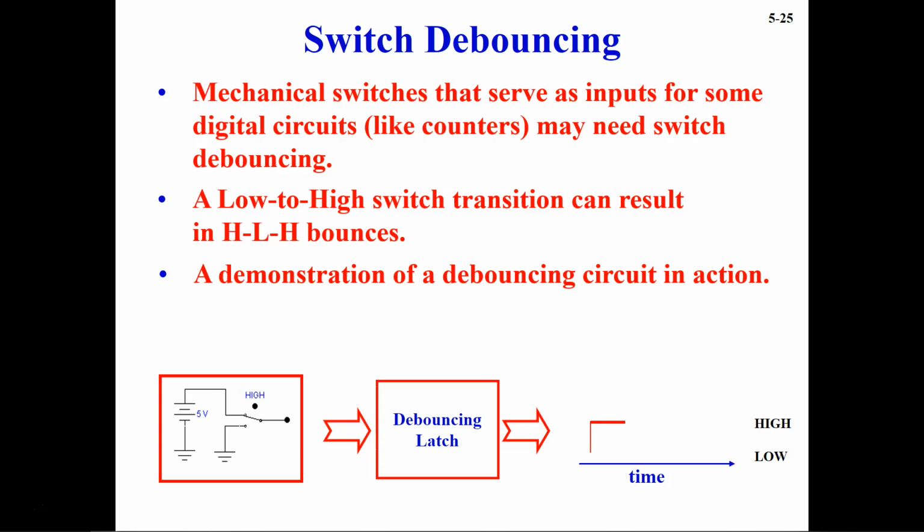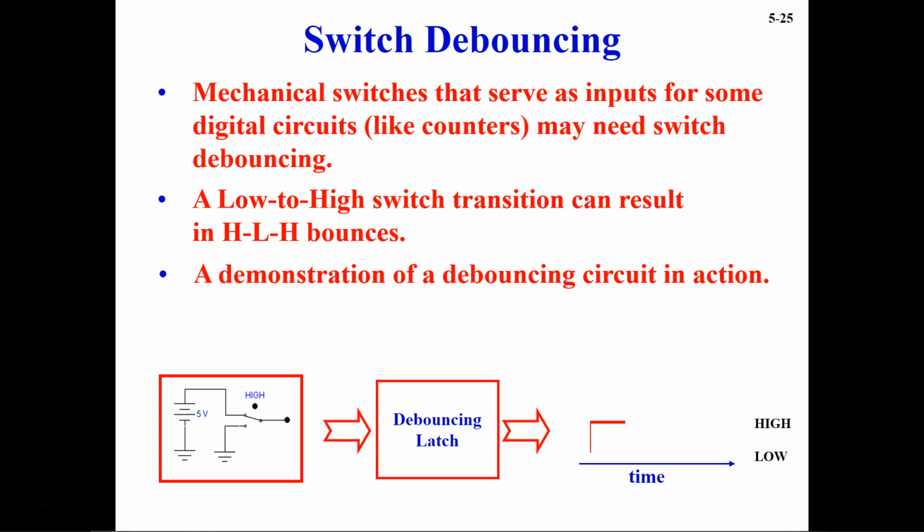So this phenomenon basically results in false triggering or multiple triggering, as if the button is pressed multiple times. So in this situation, if you want to input a manual switch signal into a digital circuit, then you will need to debounce the signal, so a single press doesn't appear like multiple presses.